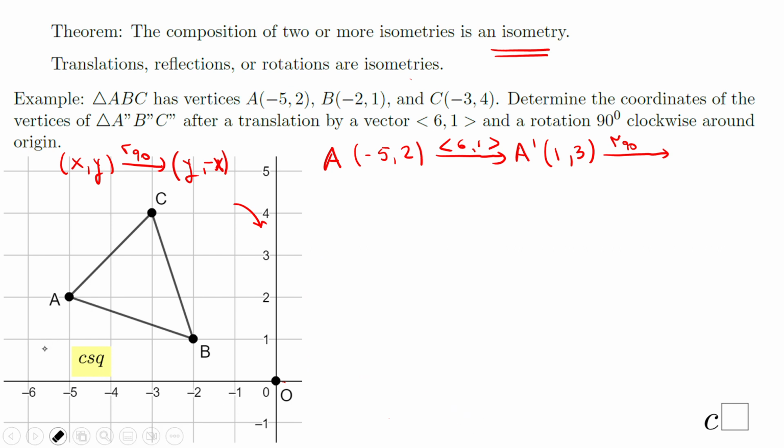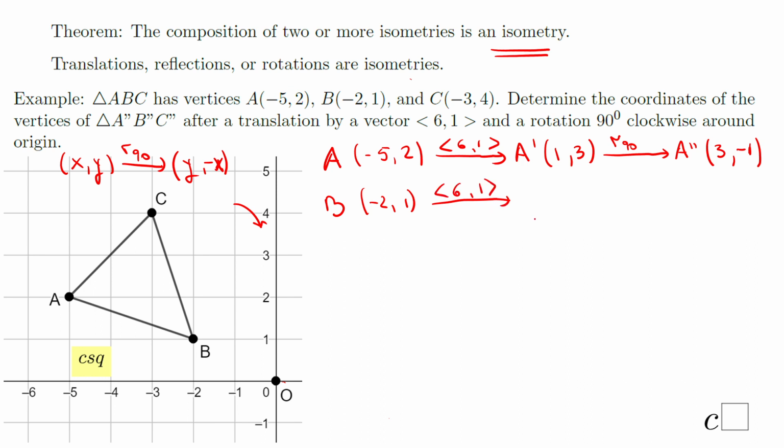So now let's apply the rule here. So A second will be what? Well, like I said here, we keep the y and goes first, so that will be 3, and we change the x, which is going to become the last guy in this order pair when we change the signs. -1. B, -2 and 1, and then we have the vector 6 and 1.